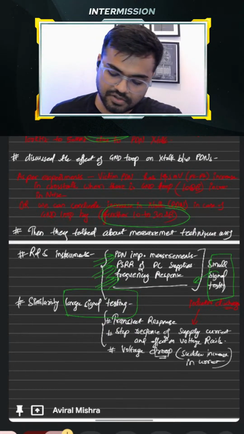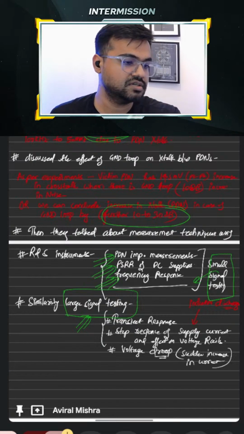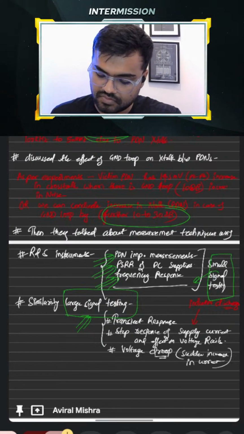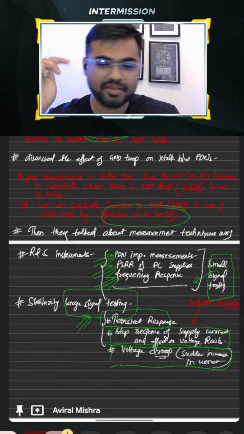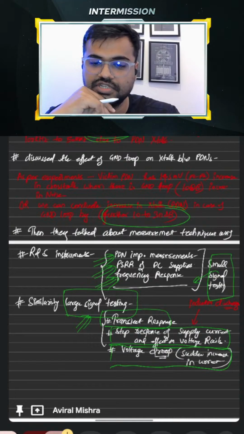Apart from that, they are also suggesting another type of measurement which we can perform to optimize the PDN crosstalk. Another was transient response, step response of the supply current, and voltage droop. I didn't know about this term, voltage droop.